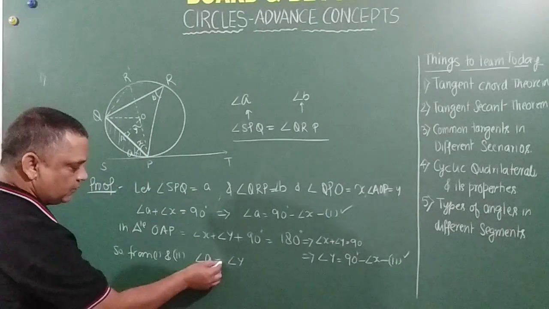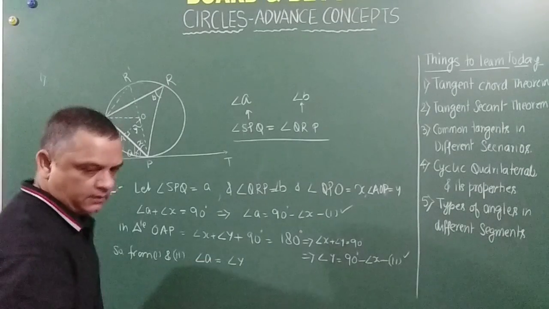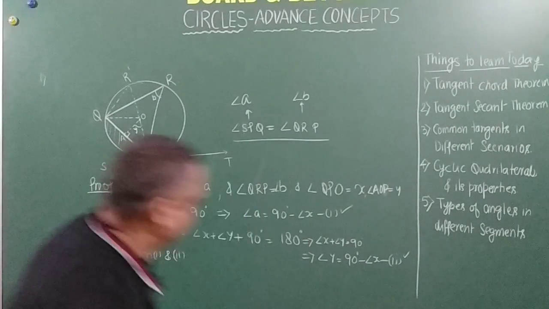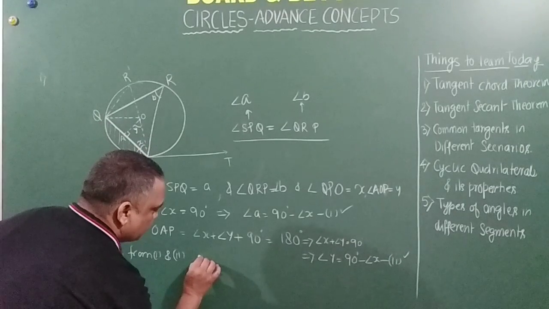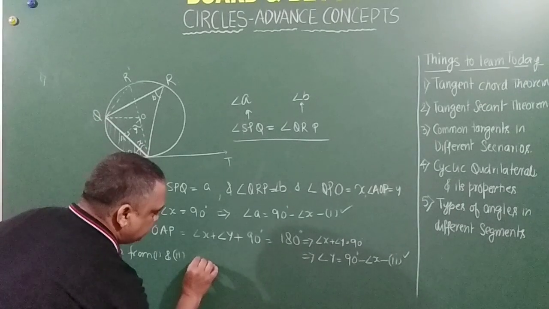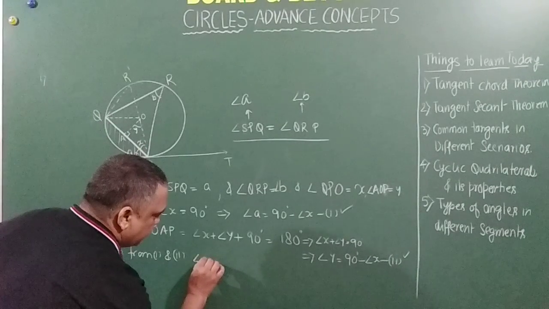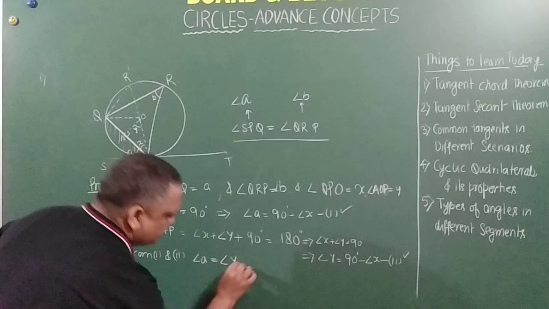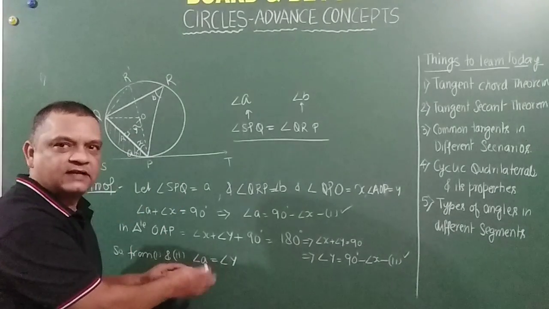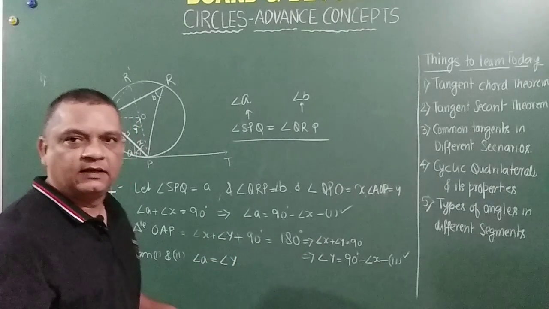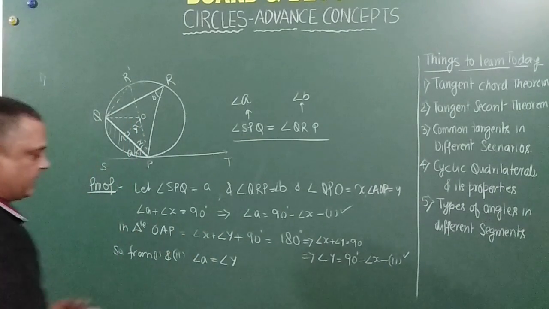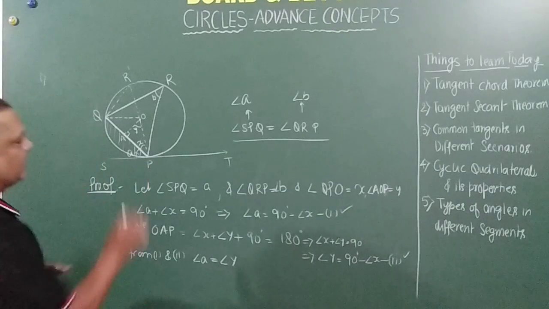So angle A is equal to angle Y. I hope you understand this, right? I do not have to write everything; writing this is equal to this and then cancelling it out doesn't matter, right? So angle A is equal to angle Y.